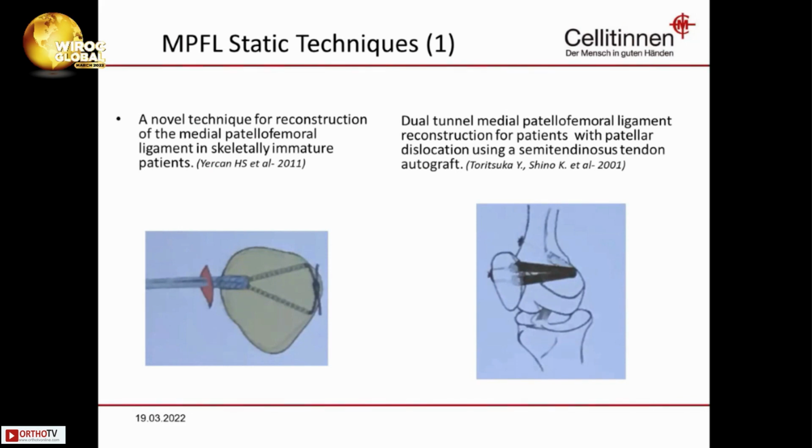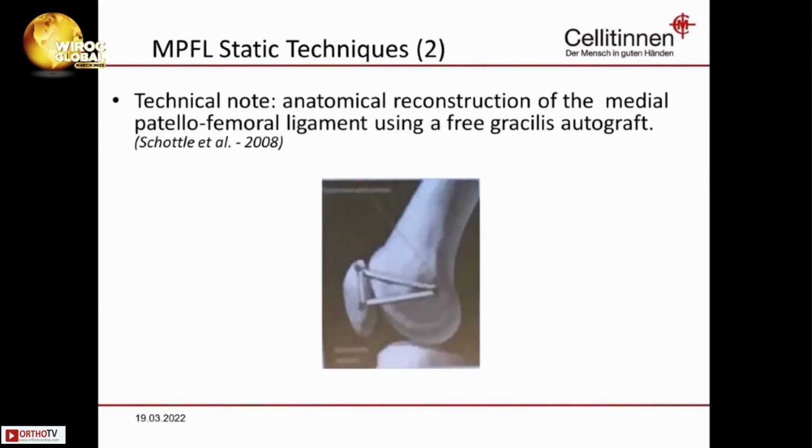What we've seen until now are the static MPFL techniques, with the most common one being the Schöttle technique, using a gracilis tendon as an autograft with two fixation points, one in the patella and one in the femur, the so-called Schöttle point. That is exactly the problem in this case, as I'm going to tell you in a bit.